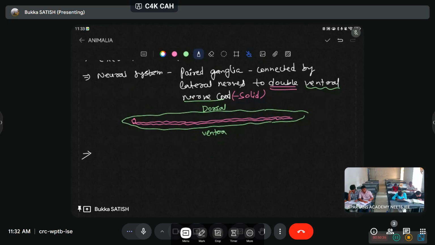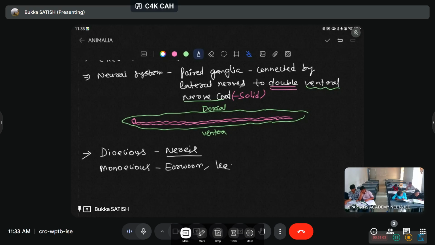Right. Now next, coming to the reproductive system, there are monoecious as well as dioecious animals. Dioecious example, Nereis, whereas monoecious, earthworm, leech.